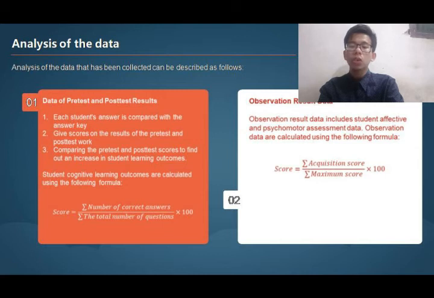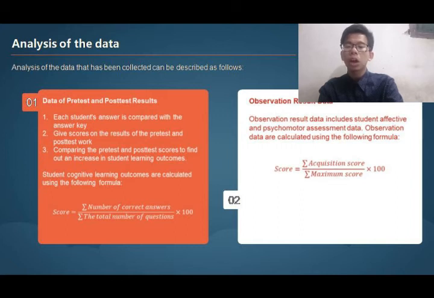Second is giving scores on the results of the pre-test and post-test work. And the last is comparing the pre-test and post-test scores to find out an increase in students' learning outcomes. Student cognitive learning outcomes are calculated using the following formula that you can see on PPT.